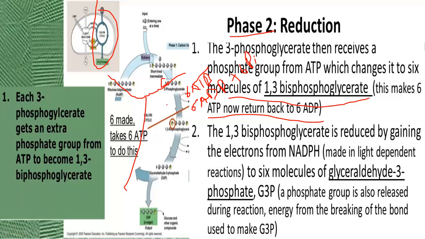And then one more phosphate will be added in this molecule. So on carbon number 1, 2, and 3, now we have 1,3-bisphosphoglycerate.